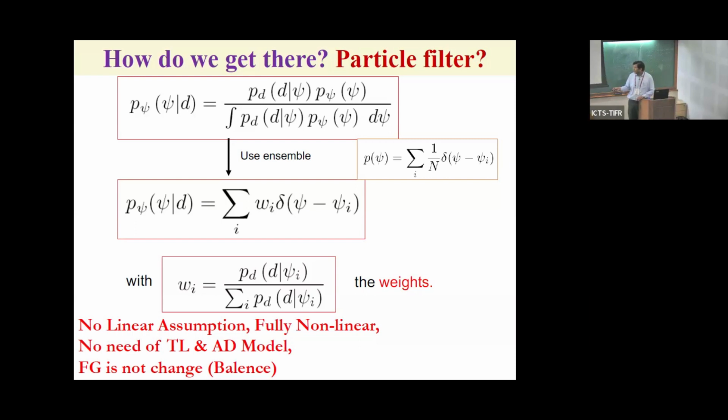Another benefit is that we are not changing the first guess in this condition. What will happen whenever we assimilate some observations? We are changing my x, and that change in my x depends upon my error covariance.